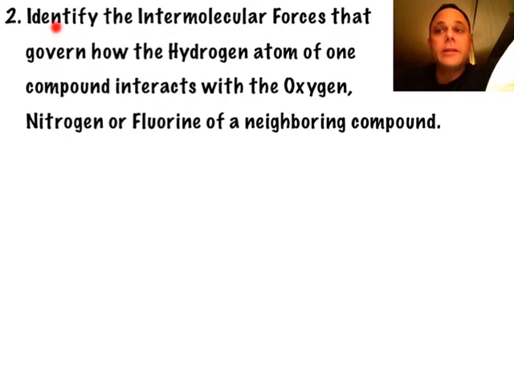So now let's identify the intermolecular forces that govern how a hydrogen atom of one compound interacts with the oxygen, nitrogen, or fluorine of a neighboring compound. To best understand this, let's build some molecules that actually have the hydrogens bonded with the oxygen, fluorine, or nitrogen.